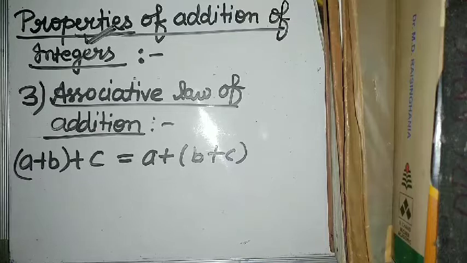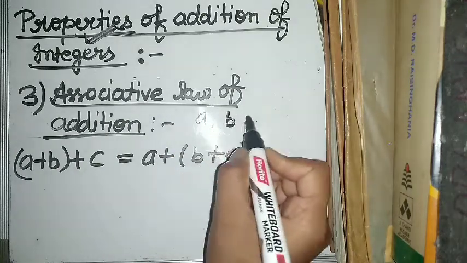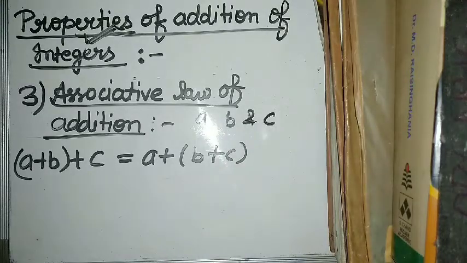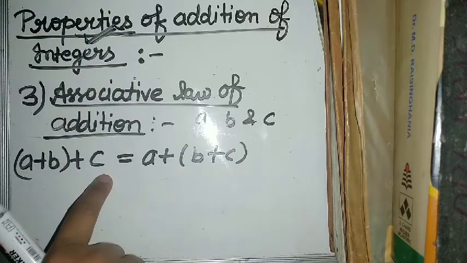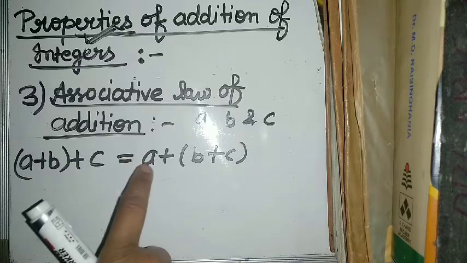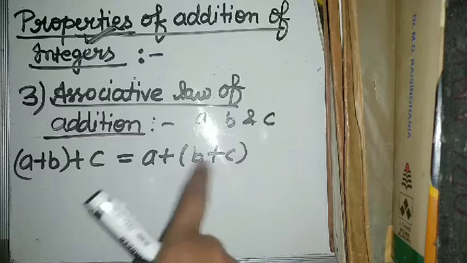Our next property is the associative law of addition. The associative law of addition says if we have three integers a, b and c, when we add a plus b first, and then add the value of this with c, it is equal to a plus the sum of b plus c.